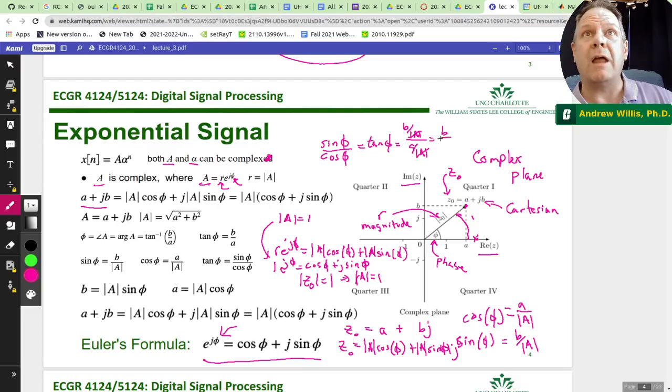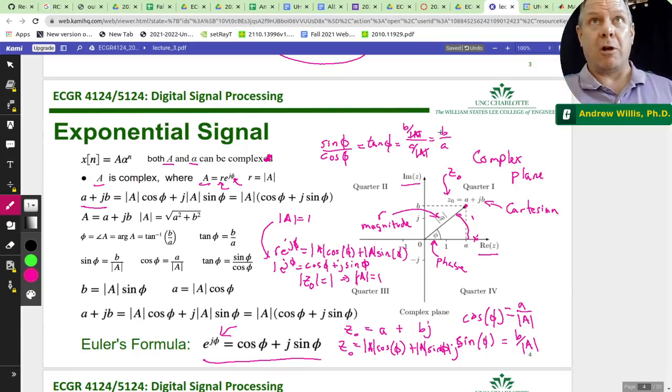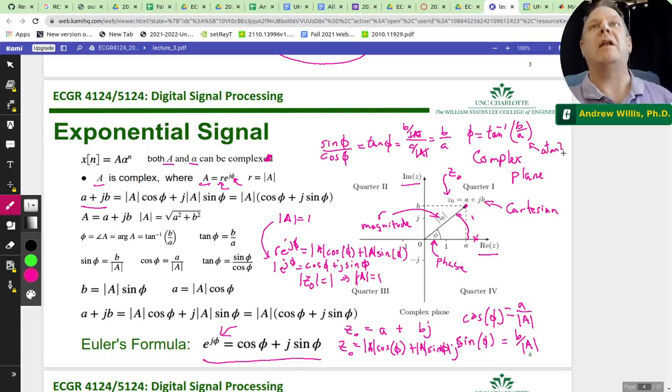You get b over a, so that's the imaginary over the real. The imaginary component b divided by the real component. That means that you can get phi back by tan inverse of b over a. And you usually want to use atan2, which is an arctangent function that is aware of all 4 quadrants. So that is a quick review of complex number theory.